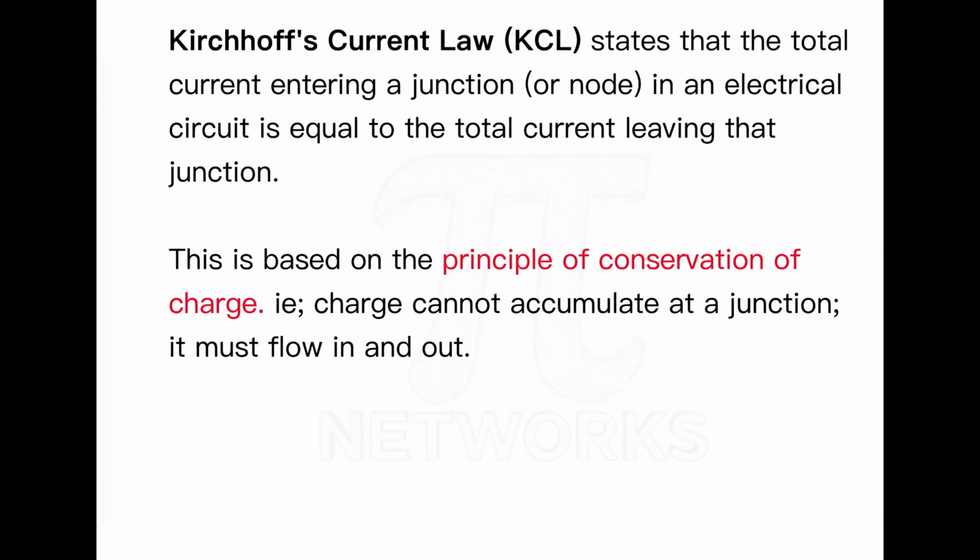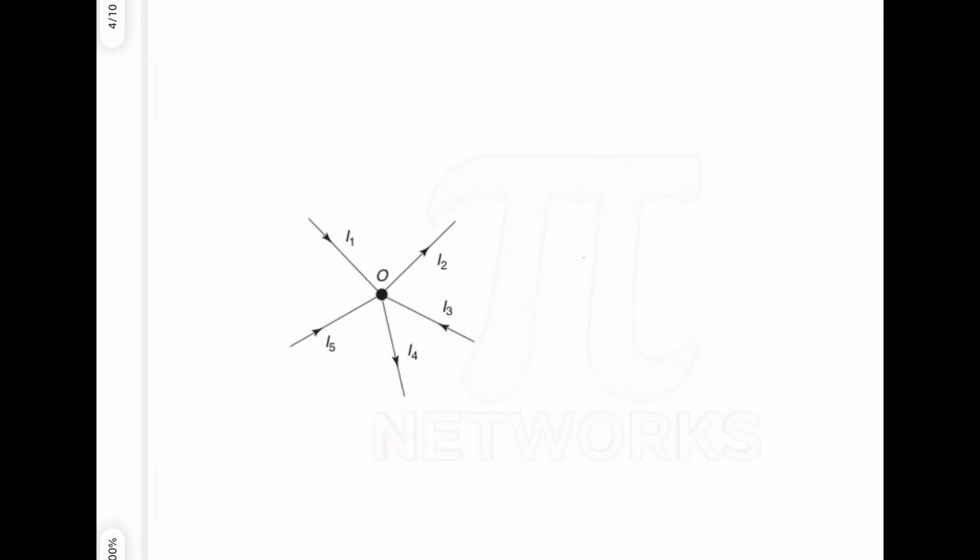Kirchhoff current law, KCL, states that the total current entering a junction in an electrical circuit will be equal to the total current leaving that junction. Suppose we consider point O as a node. According to this diagram, current I1 is coming to the node, I3 is also coming into the node, as well as I5.